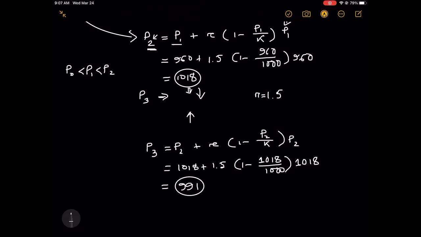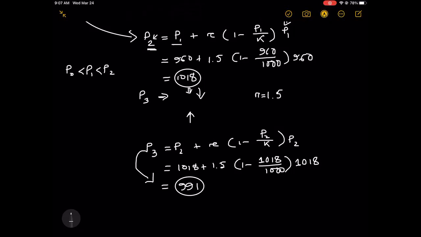Even if we somehow don't understand the main idea of a carrying capacity, we can actually calculate it mathematically and see that. And it will happen each time the population gets more than the carrying capacity.